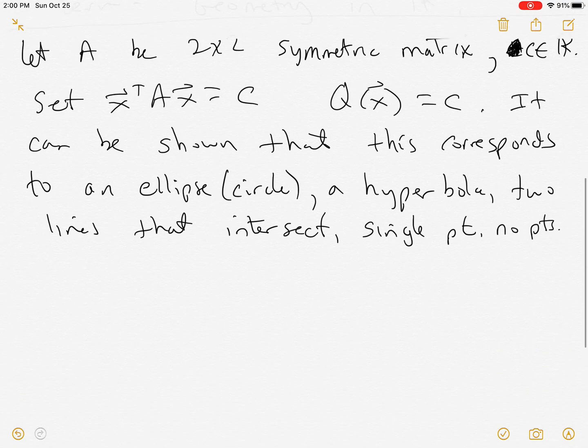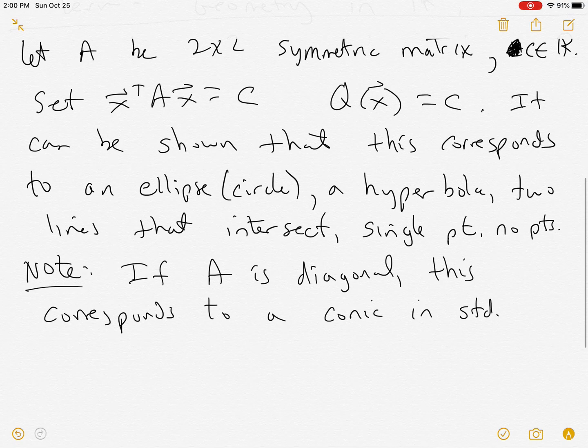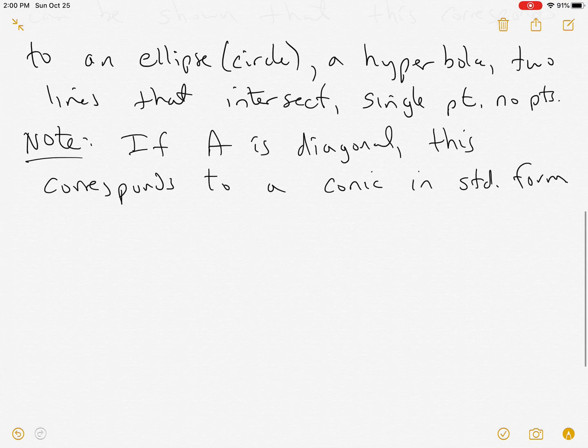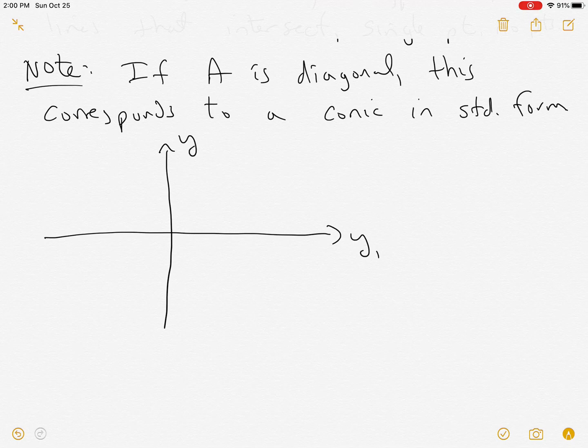So note, if A is diagonal, this corresponds to a conic in standard form. I'll show you a picture of what I'm talking about here. If it's an ellipse, then in standard form, you've got your major and minor axes on the y1 and the y2. So they're centered here at 0, 0.